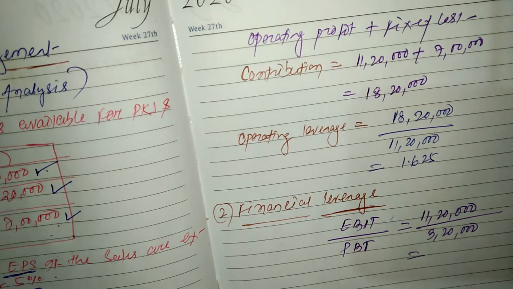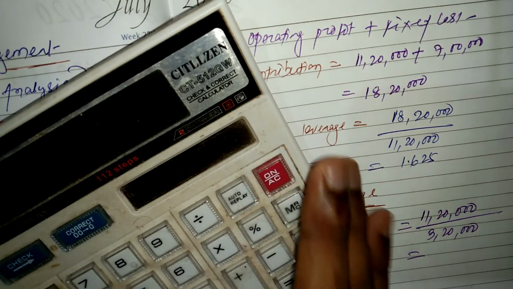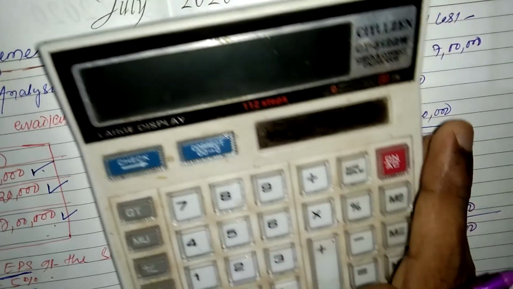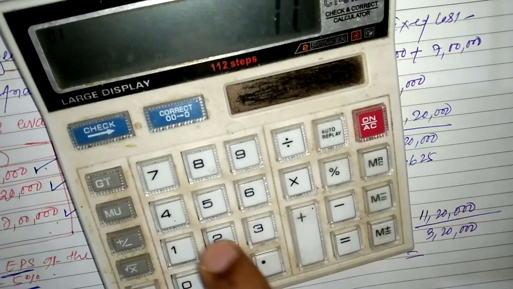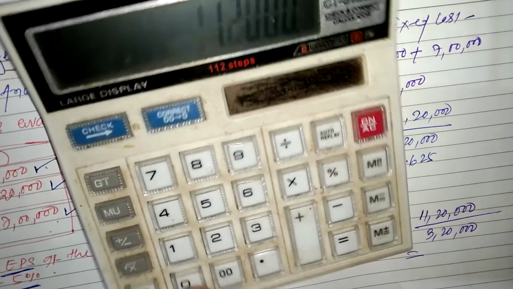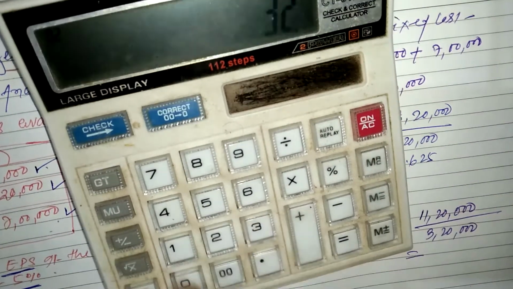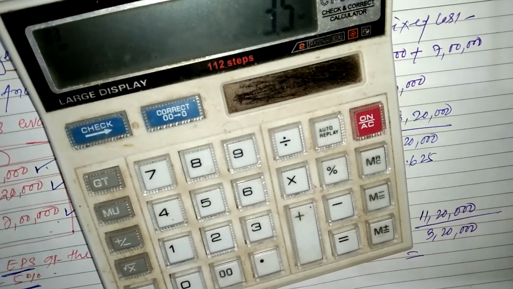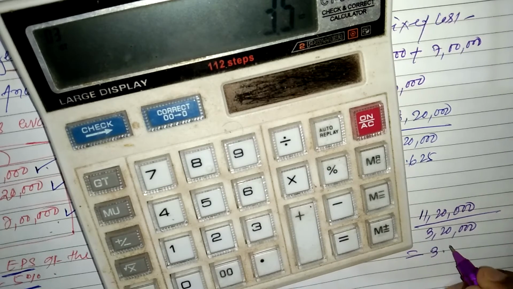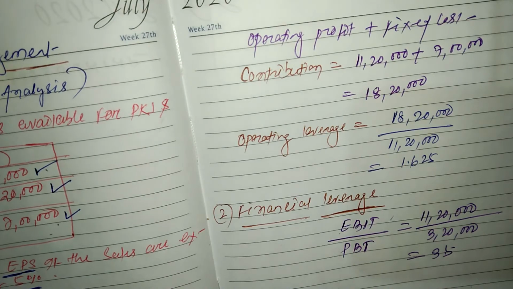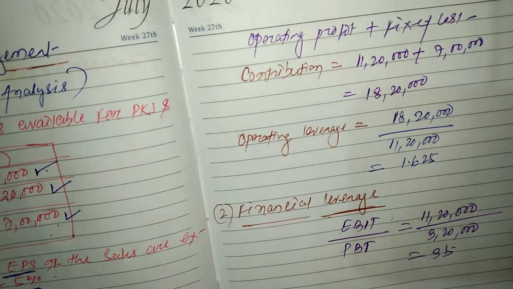Then financial leverage will be 11,20,000 divided by 3,20,000, which is equal to 3.5.